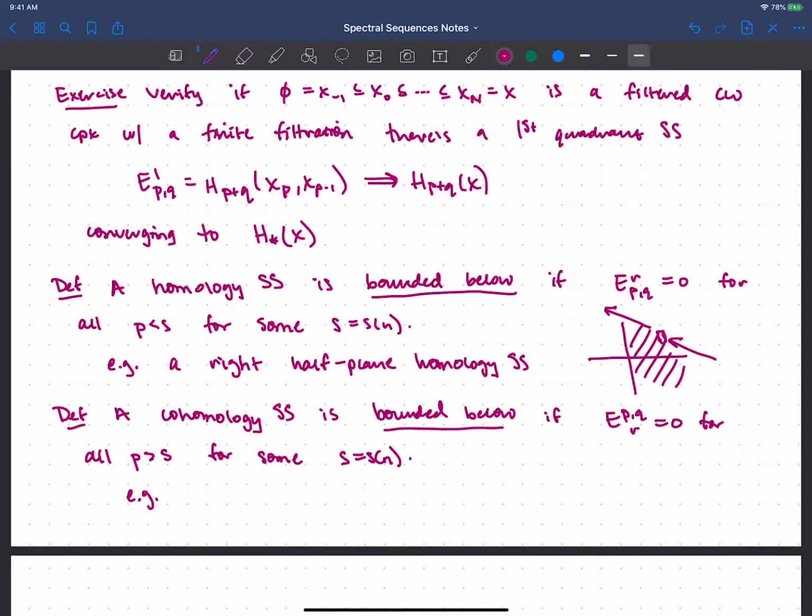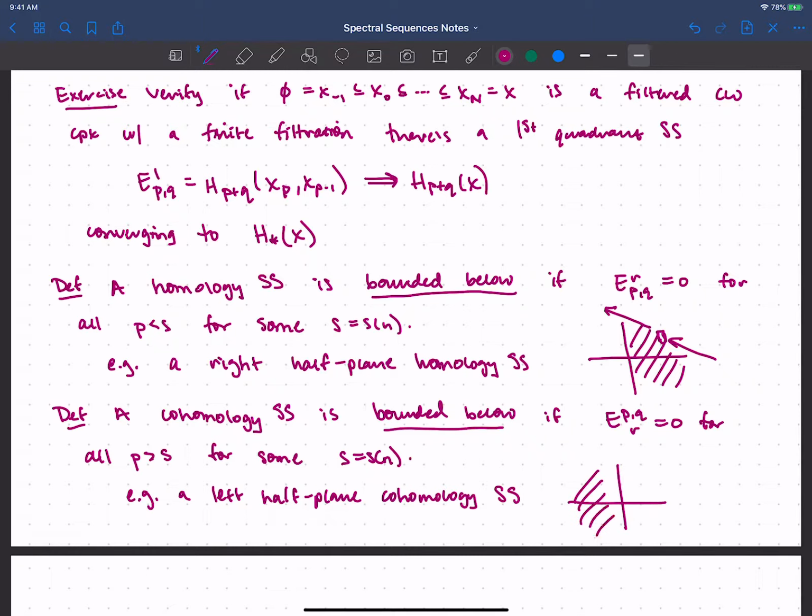And a good example here is that we could have, say, a left half-plane cohomology spectral sequence. In fact, one way to take a homology spectral sequence and turn it into a cohomology spectral sequence is just to change the signs of the p's and q's, right? So, of course, if I only had things on the right half plane and then I change the signs, I'm going to end up with things on the left half plane.